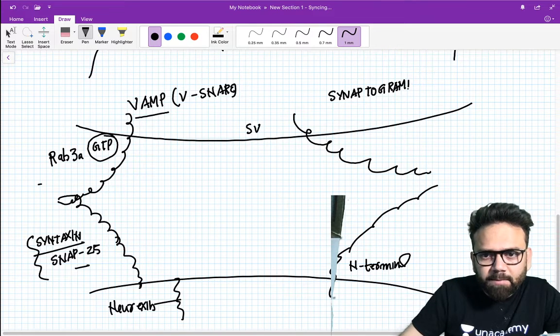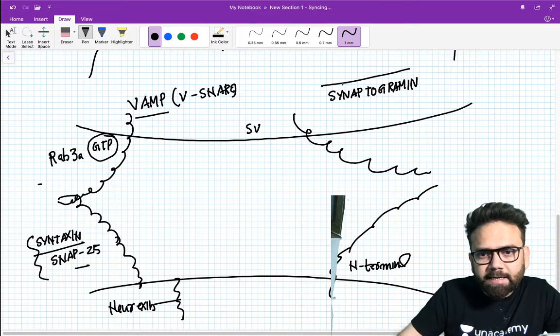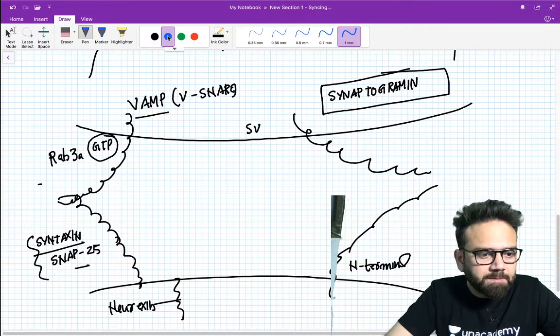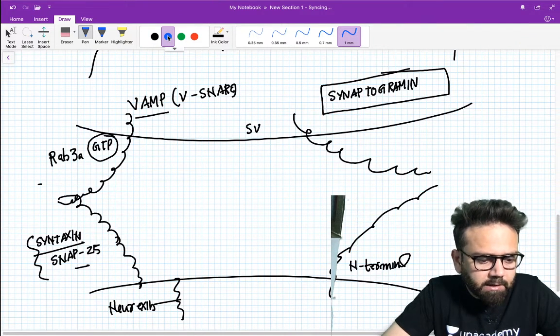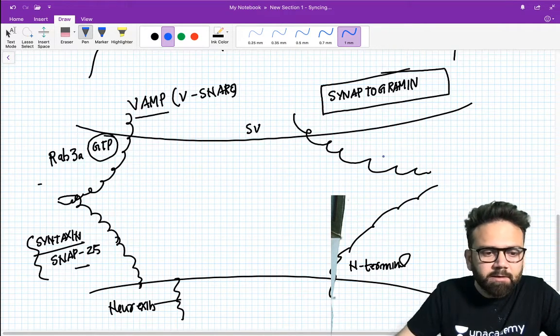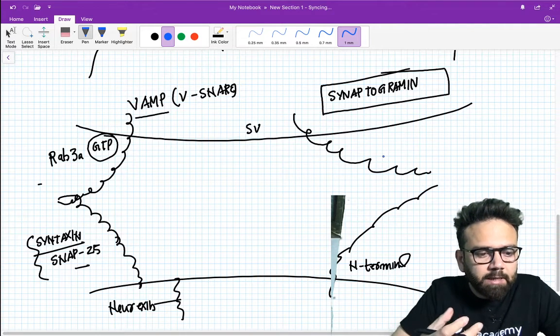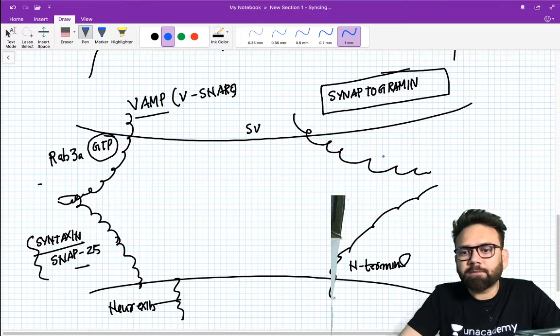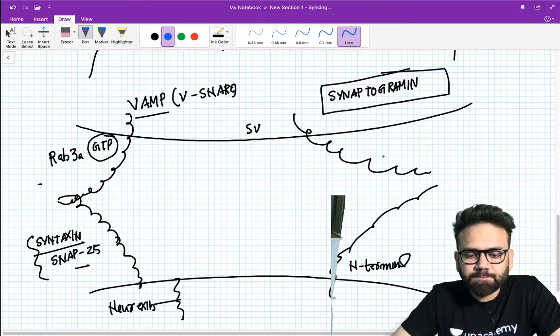Who will tell me what is the role of synaptotagmin? Yes, Ravi. Sagar, Samant, what is the role of synaptotagmin? During docking, when the voltage gated calcium channel opens, what is the role of synaptotagmin?